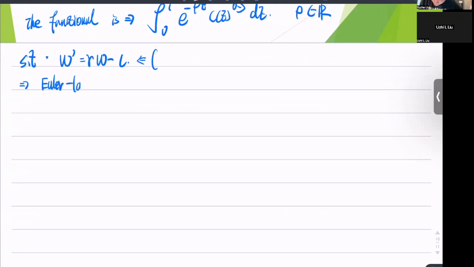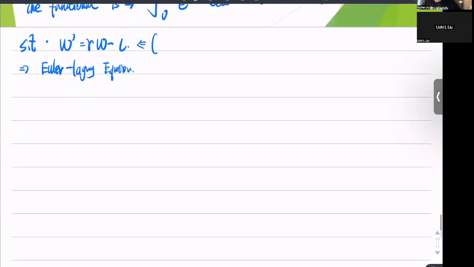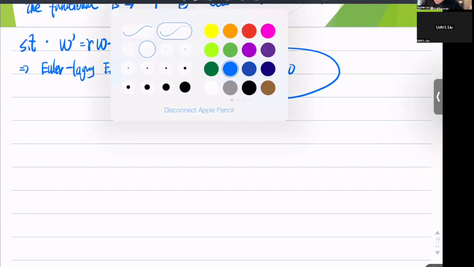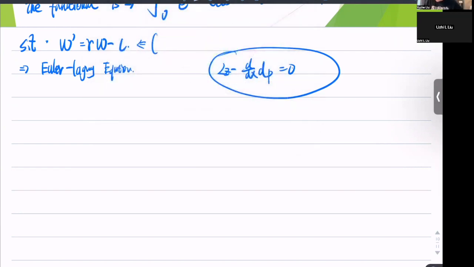So it's more like a math part. We just have to solve the Euler-Lagrange equation. Remember the Euler-Lagrange equation: the partial of L with respect to the function, first we take the derivative with respect to the function.